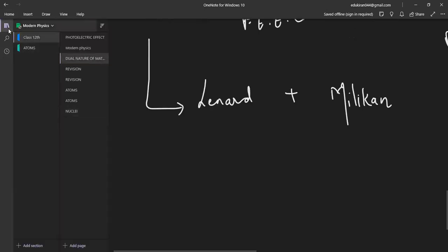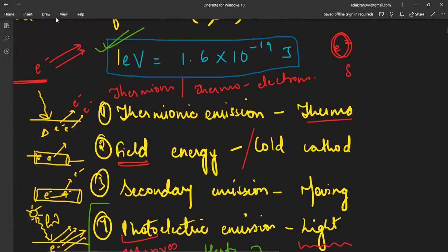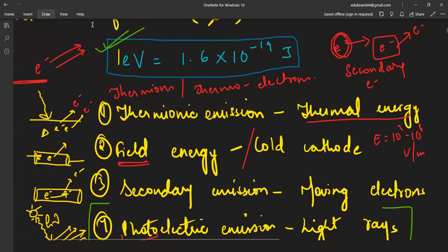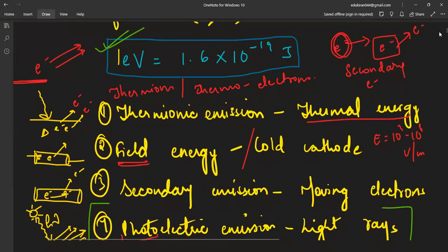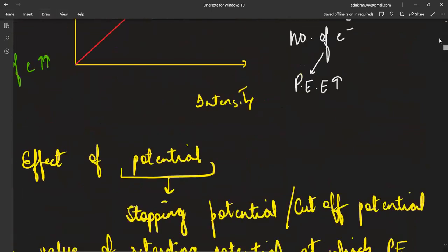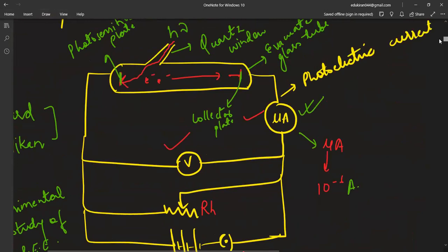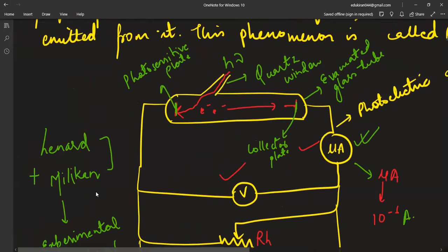So what did they show? Firstly, they told about the photoelectric current and the intensity graph. Basically, it was an experiment by both of them, Lenard plus Millikan.